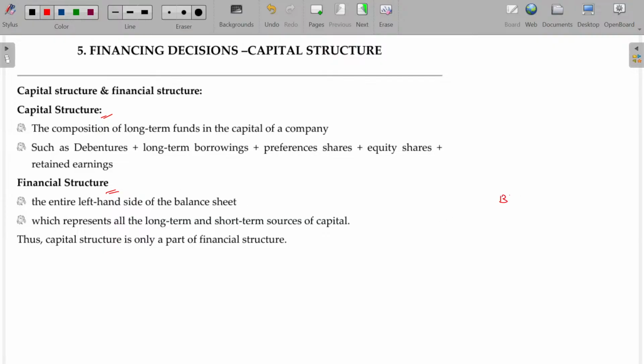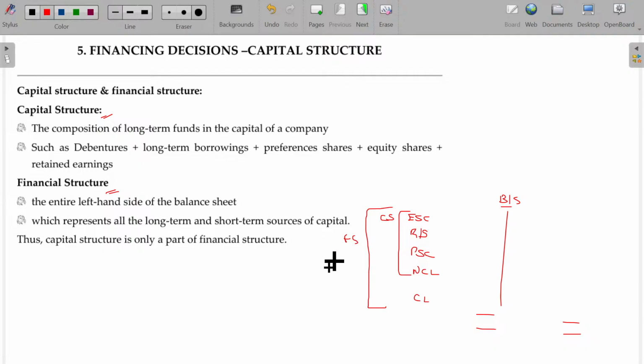So in your balance sheet, you have equity share capital and reserves and surplus, preference share capital, non-current liabilities, current liabilities. Studying this one is called capital structure. Studying this one is called financial structure. Is that okay?